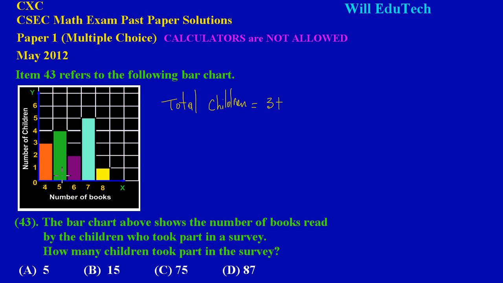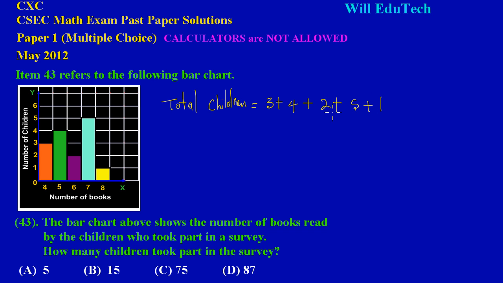The second group is the green bar, and 5 books was read by 4 children. Since it went up to 4 on the y-axis, I have 4 children, plus, and you should get the general trend. The purple bar went up to 2 children, so that's 2 plus, and my blue bar went up to 5, so I'm adding 5, and my yellow bar went up to 1, so I'm adding 1.